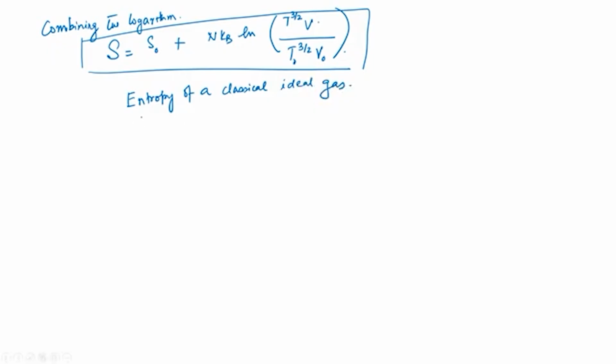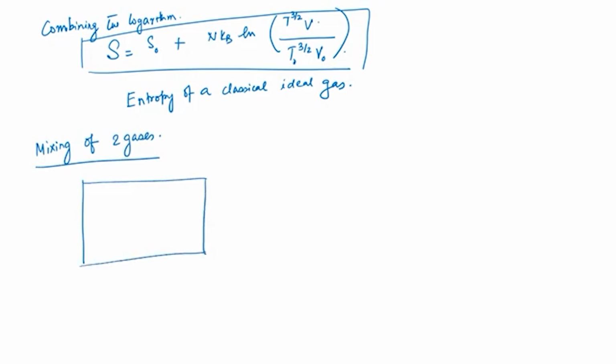All right. So, now let us discuss this mixing of two gases. What I mean by that is that suppose you have a container like this which has a partition, you have a gas here which let us call A, and you have a gas here as well, let us call it B, and at some point you open that.